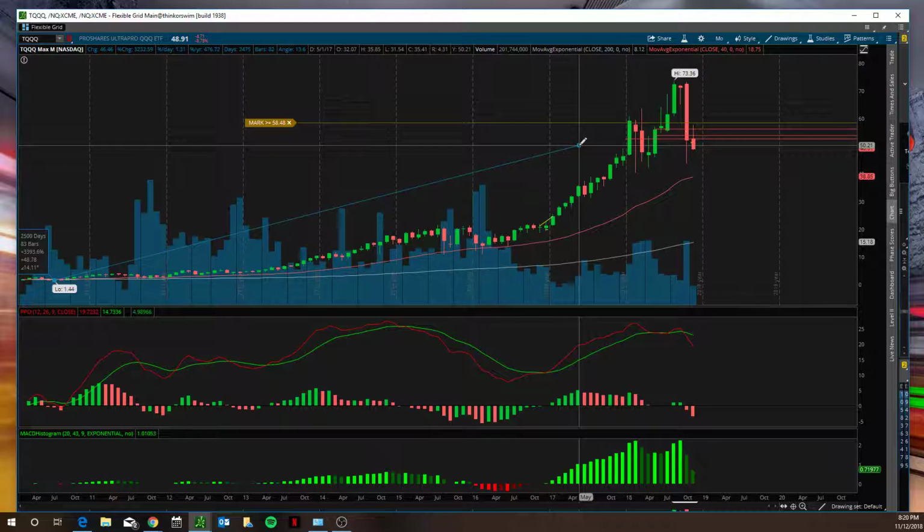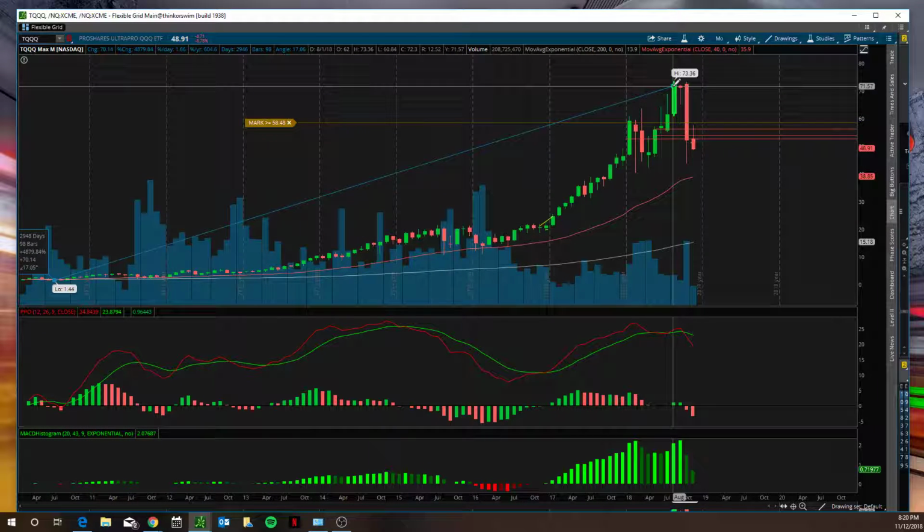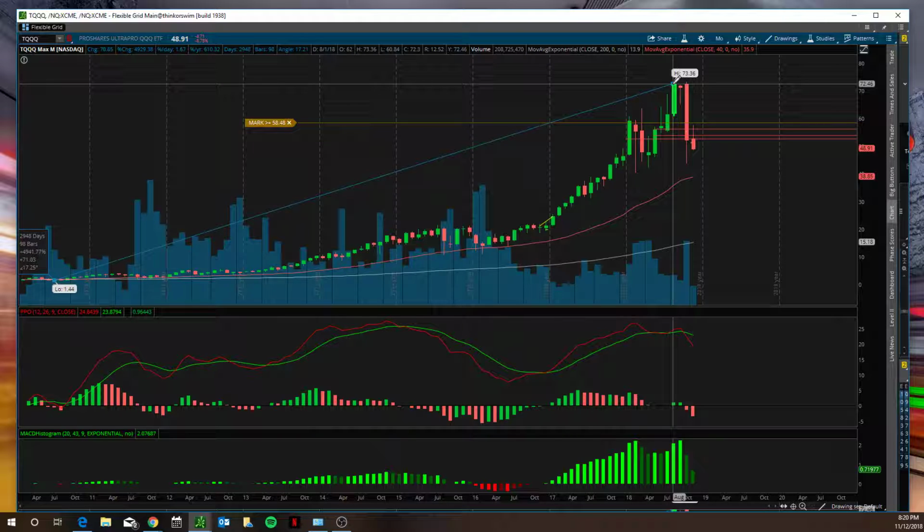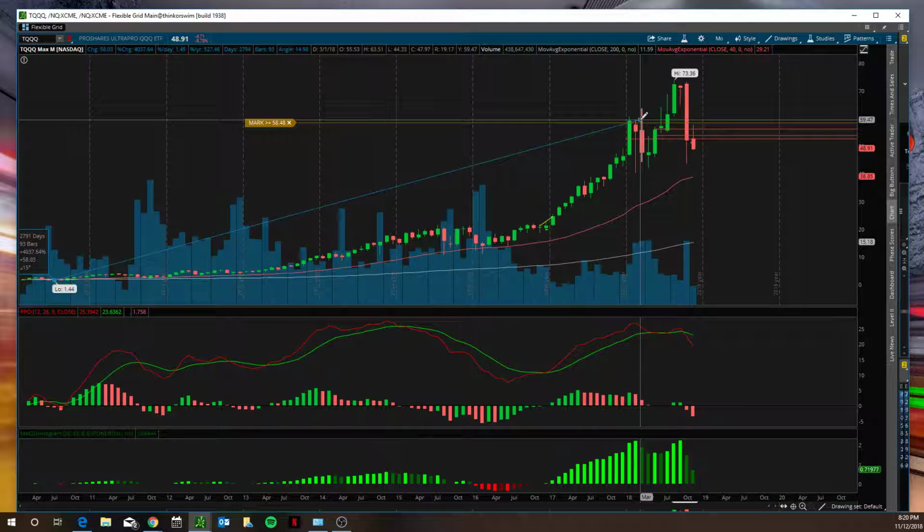From there to this top, do you see the percent in the corner of the screen? You're up 4,941% since 2010. In 8 years, you're up 5,000% basically, if you're in for this whole ride.